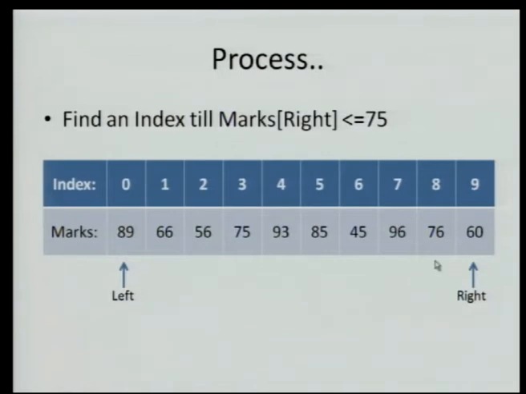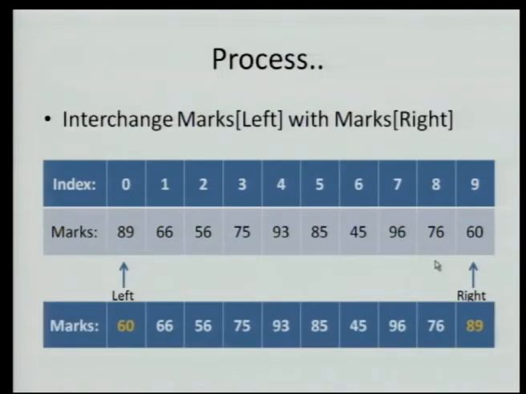So what do we do? The best thing in this situation is to interchange the two values. That is how we initiate the process, so that on the left-hand side the values are less than 75, and on the right-hand side the values are more than 75.